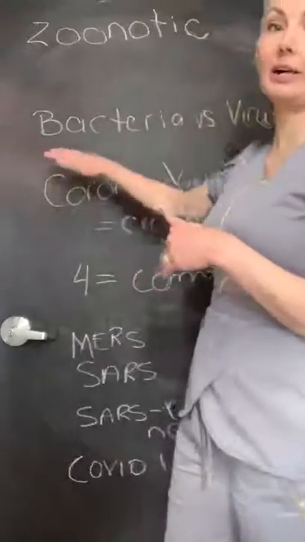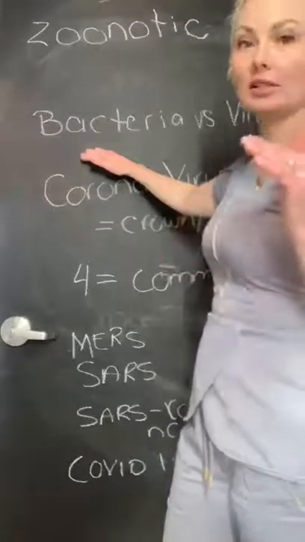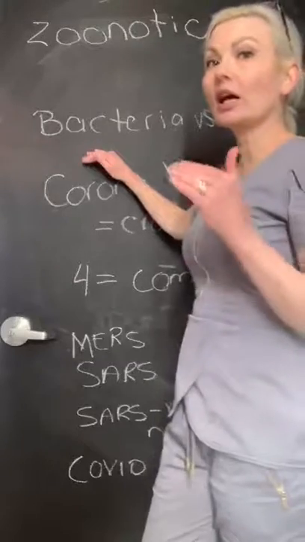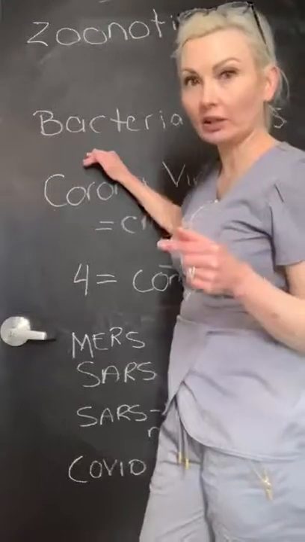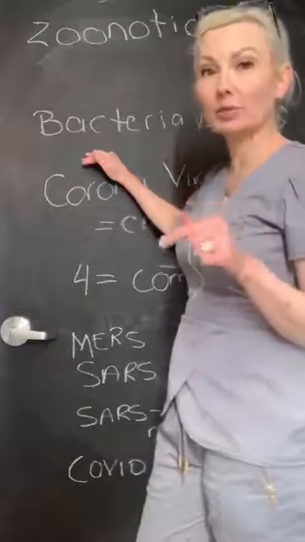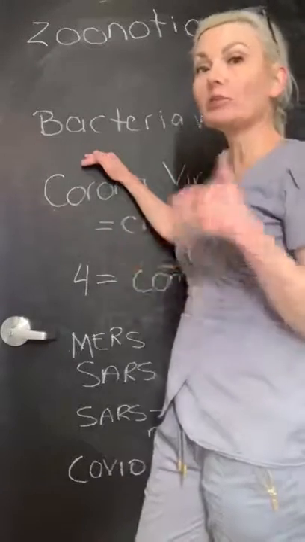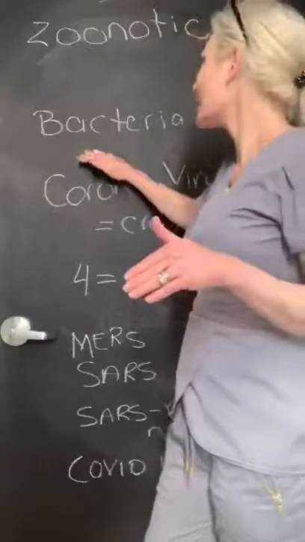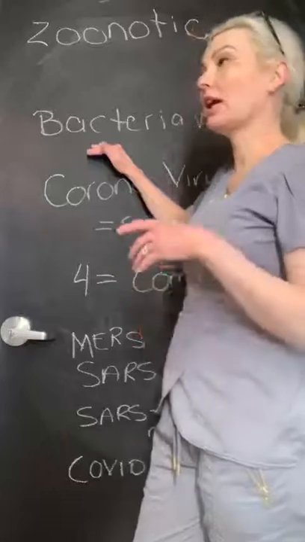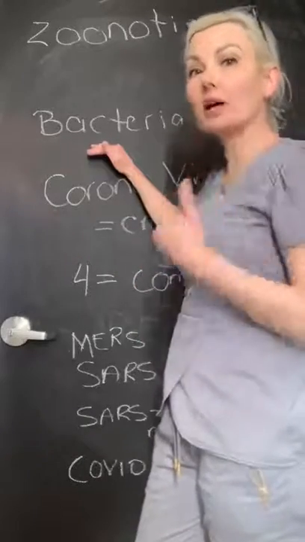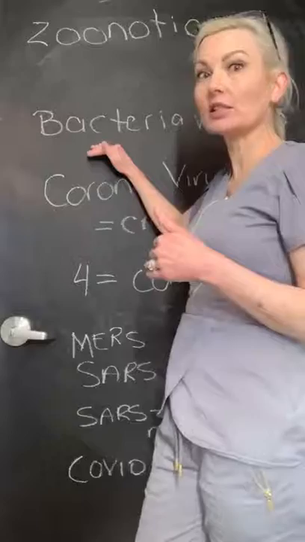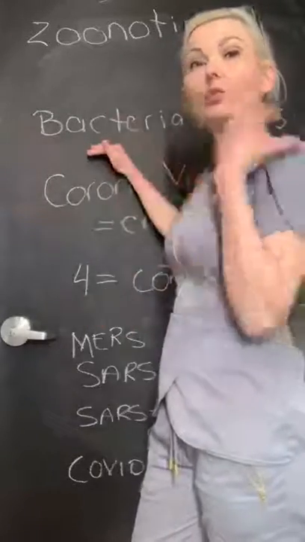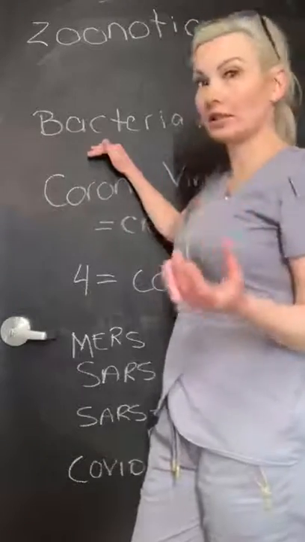So a bacteria is a single-celled organism that is alive. A bacteria displays both cellular metabolism and cellular respiration. It is alive and it can reproduce on its own, and that's a bacteria. So bacteria exist in the environment and they are natural. Some of them infect us and cause diseases. For instance, strep. The streps are what cause strep throat, and they can cause skin infections.